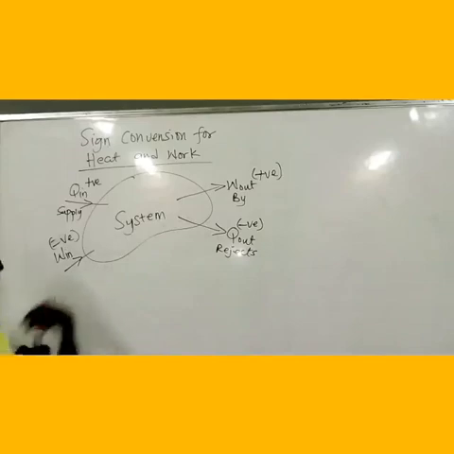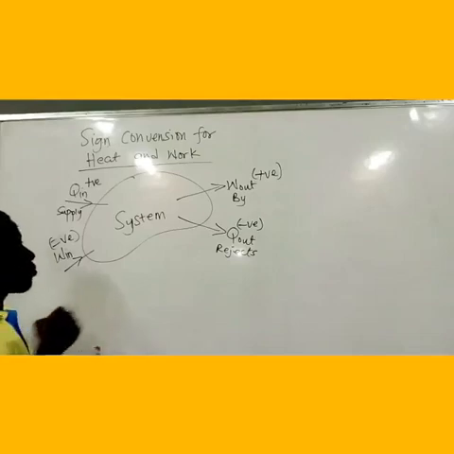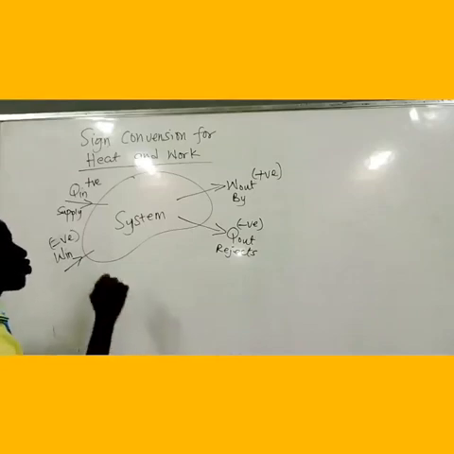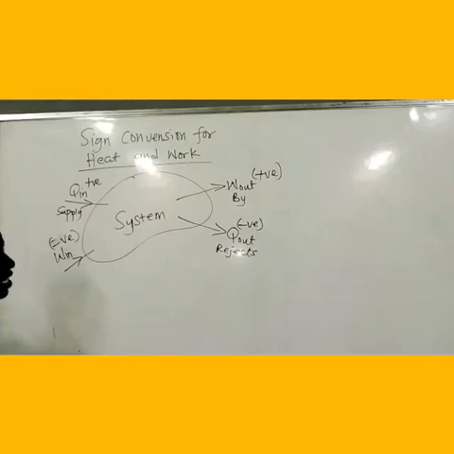So if you supply work energy to the system, like when you are compressing a gas, during the compression stroke of an internal combustion engine, it means that we are doing work on the system.